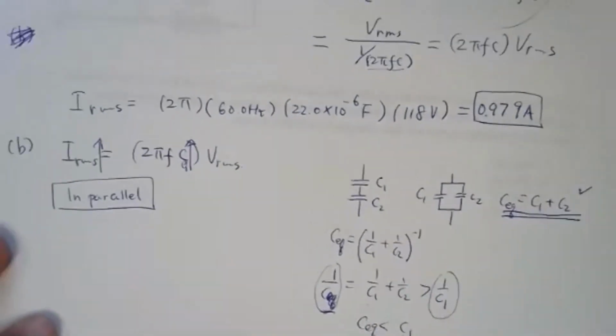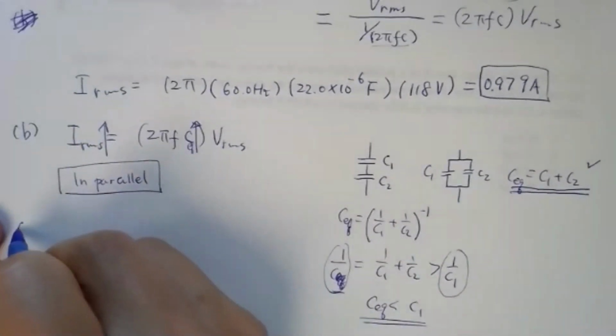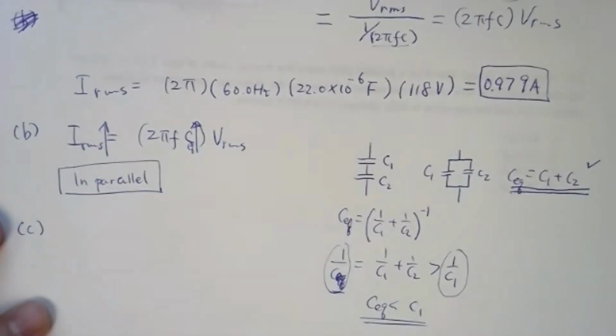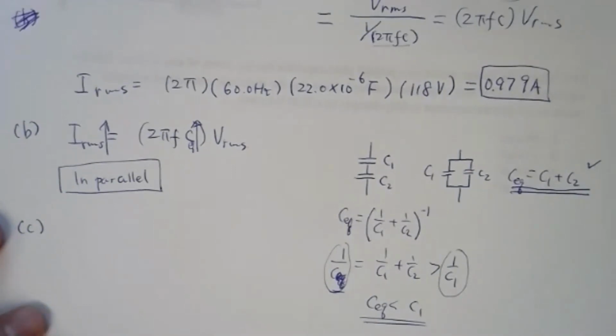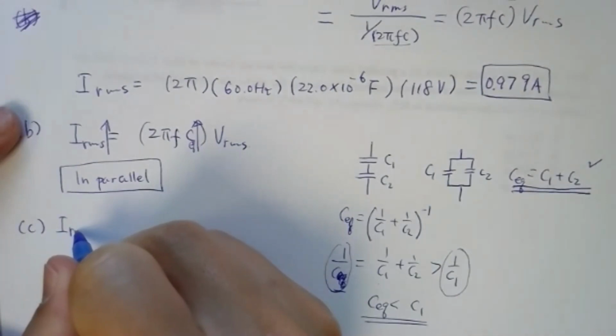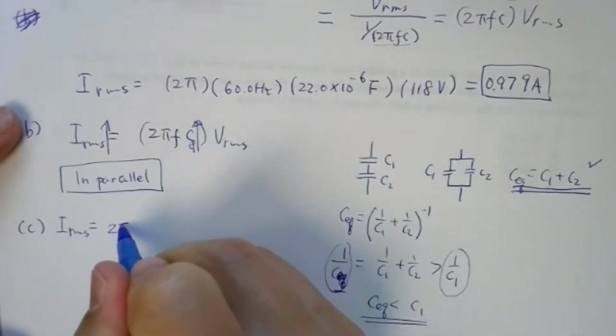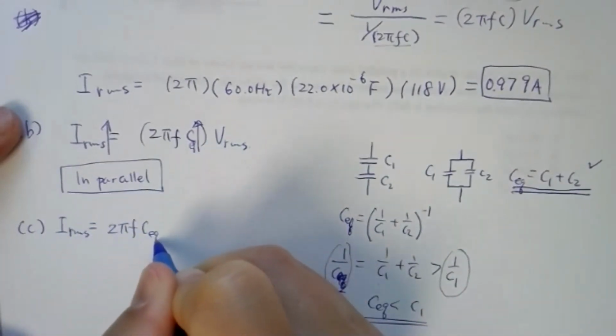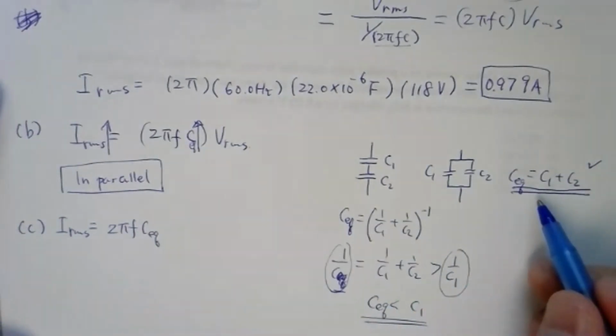And then in part C, it's asking you to find the value of the capacitance that will increase the RMS current to 1.5. So we'll start from here: I RMS is equal to 2 pi f C. Let me just use CEQ of this guy.